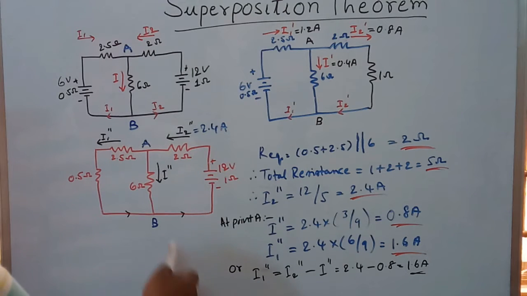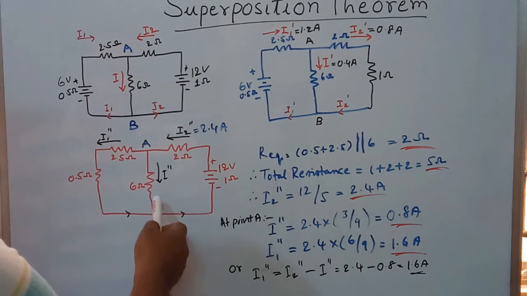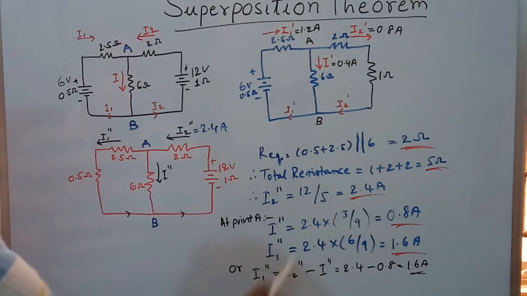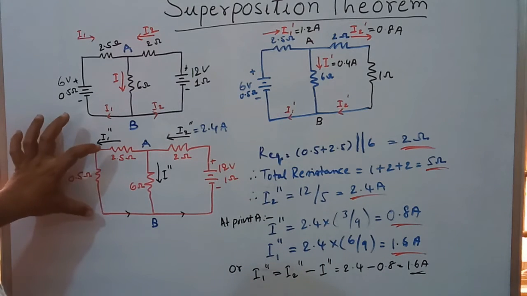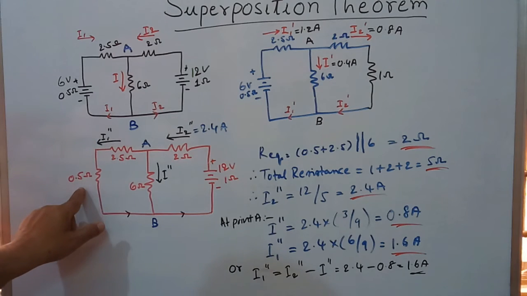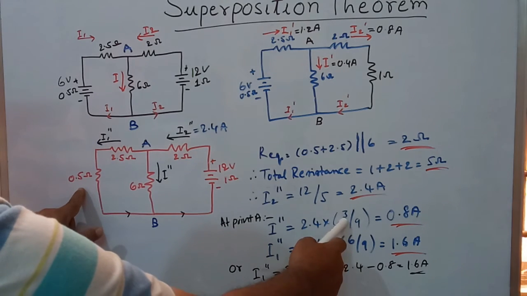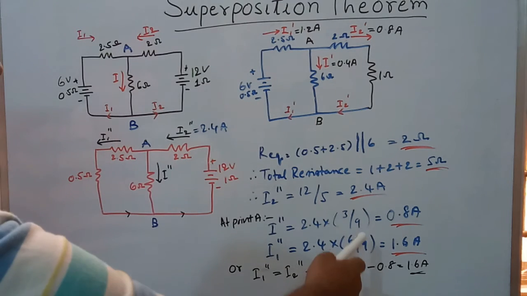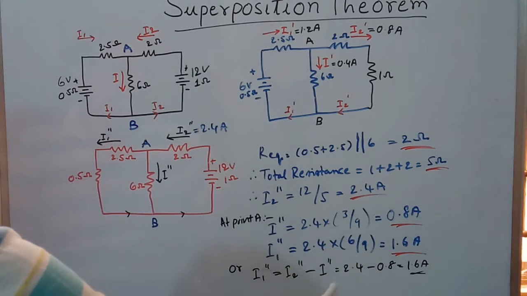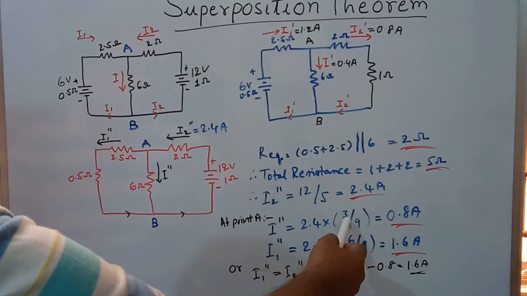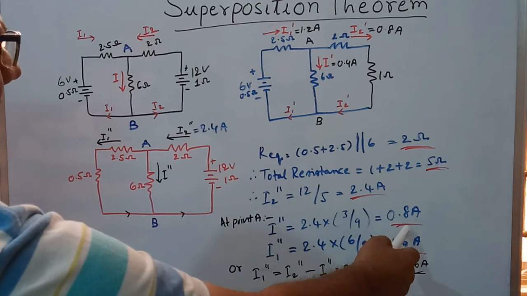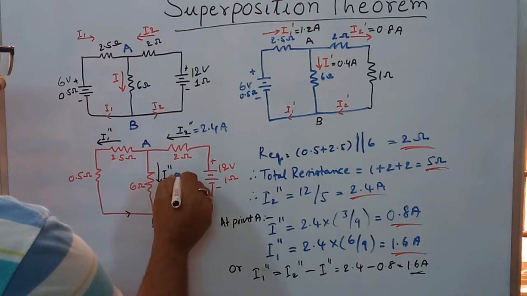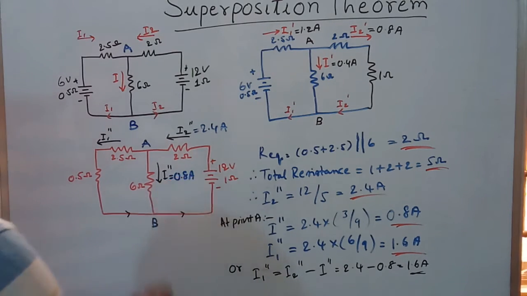So to find out I double dash, 2.4 ampere current multiplied by the opposite resistance 2.5 plus 0.5, which is 3 ohms, divided by the sum of the resistances, which is 9 ohms. So 2.4 into 3 by 9 equals 0.8 amperes. 0.8 ampere is the current which is I double dash.